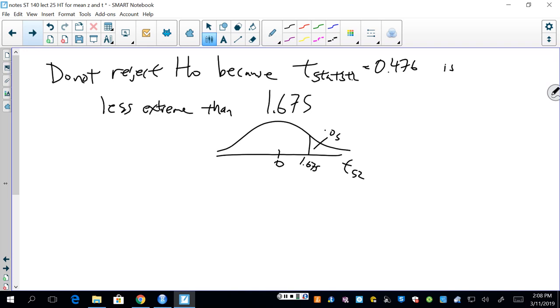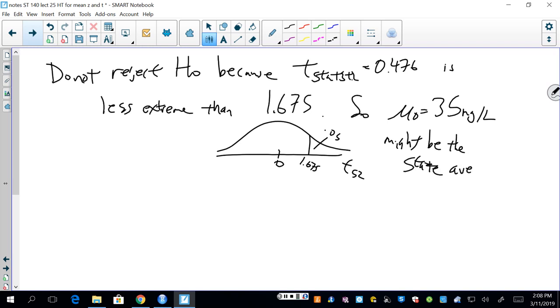Do not reject because the t statistic is less extreme than that. So mu sub 0, 35 milligrams per liter, might be the state average.